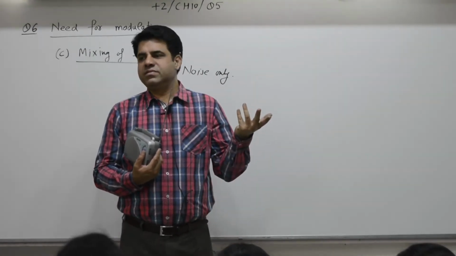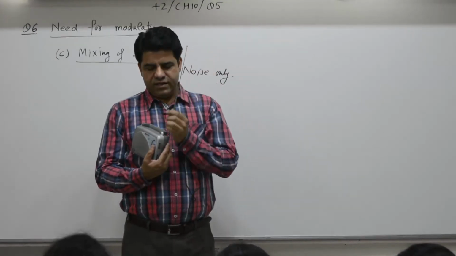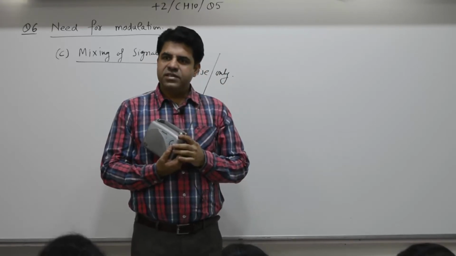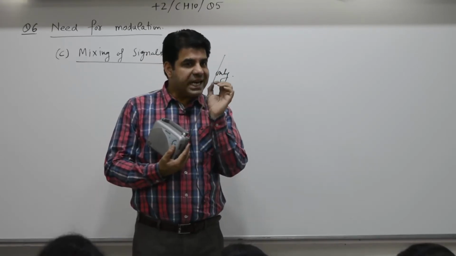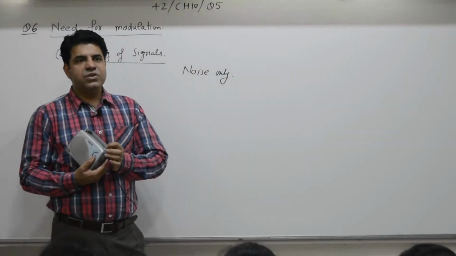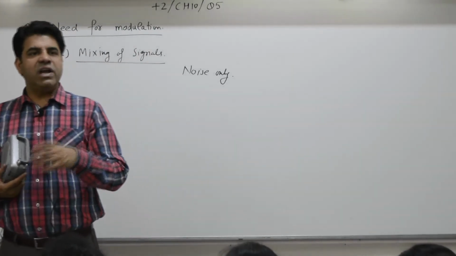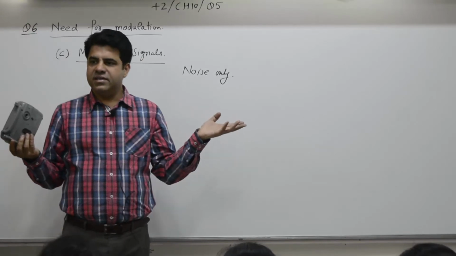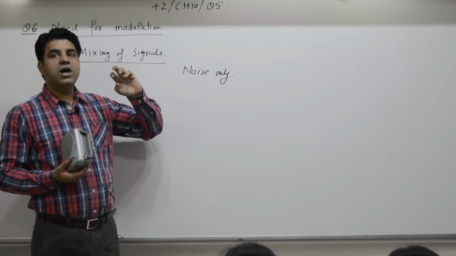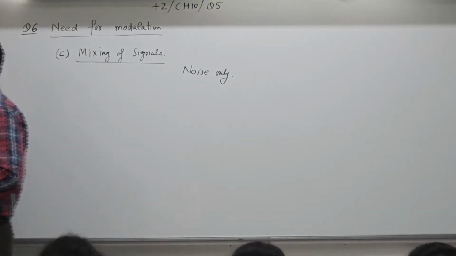No. You can detect one out of that and use one signal, one station. You have this ability to select. But in case it is 10 persons speaking at a time, you don't have that facility of selection. You will have to listen to all the 10. That is why, without modulation, it will mean mixing of so many signals, and it will result in noise.